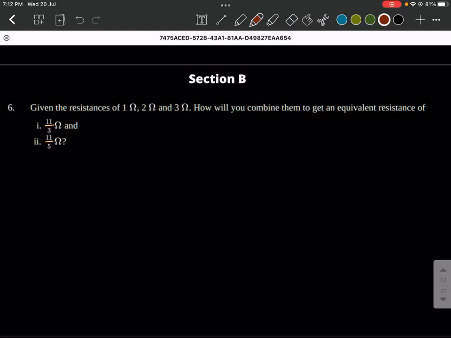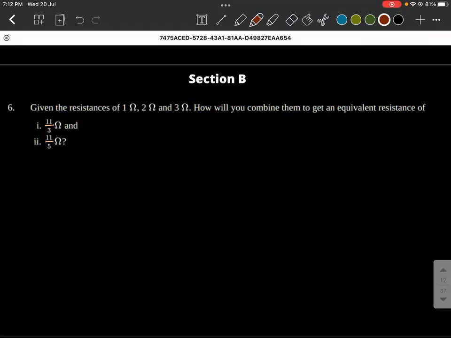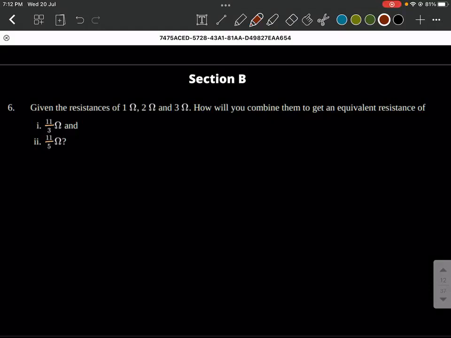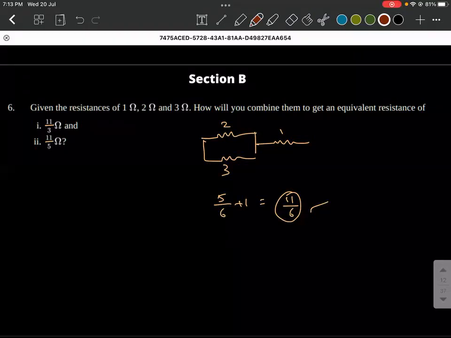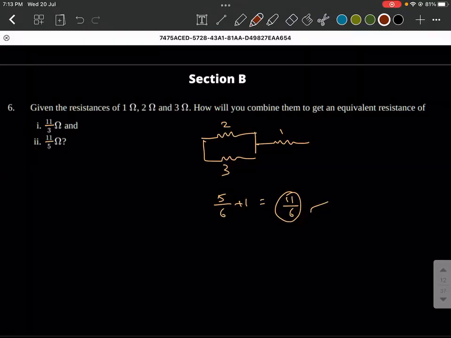Now, in this scenario, let us see what is going to happen. So 2 and 3 in parallel, that is R1 R2 divided by R1 plus R2, which is 6 by 5.